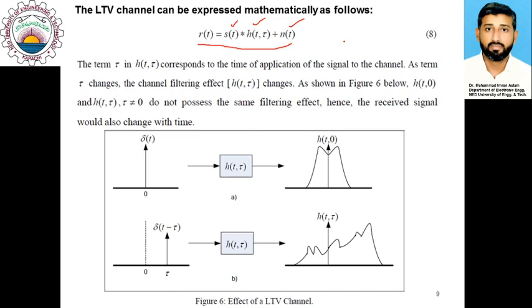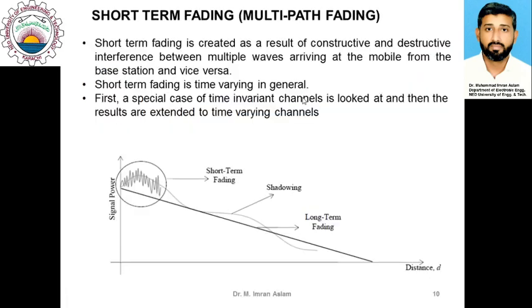So this is an illustration of the linear time variant channel. This channel is a more practical case because most wireless channels are time variant. Their properties are dependent on the delay as well. So if we change the delay, you would see that the response gets changed.